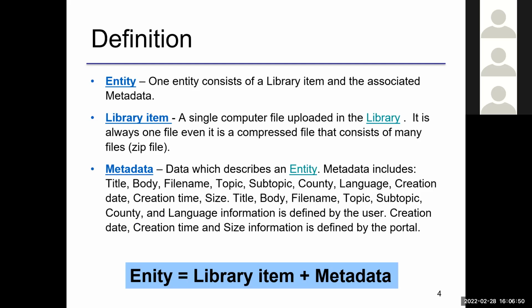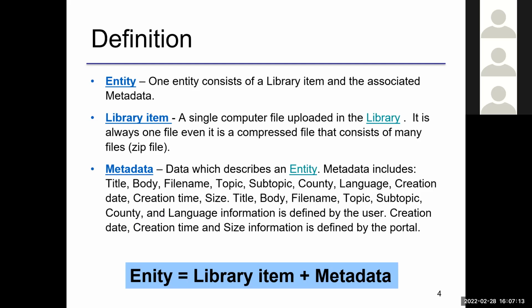A library item is a single computer file which was uploaded once in the library. It is always one file, even if it is a compressed file that consists of many files inside.